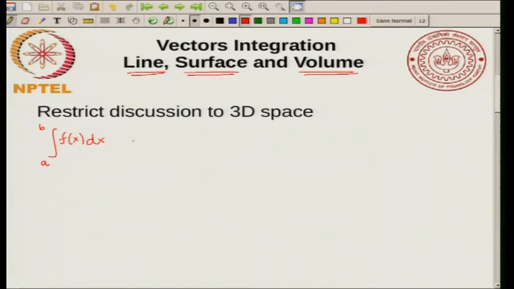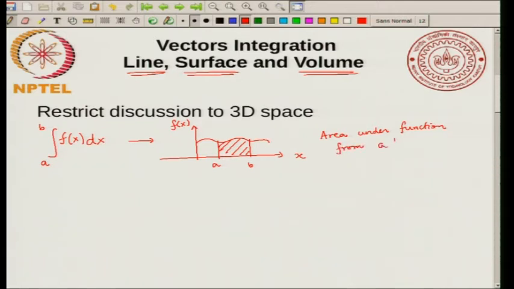If the variable x is shown like this, and f of x is some function which when you plot it looks like this, with this point A and this point B, then you know that this integral is nothing but the area under the function from A to B. That is what you mean by this integral over a function.